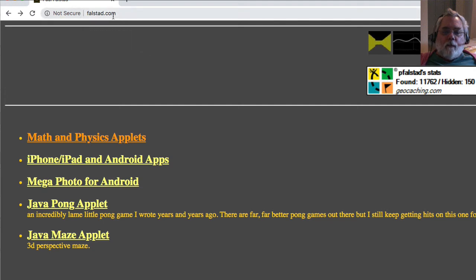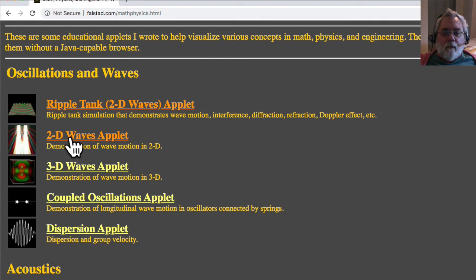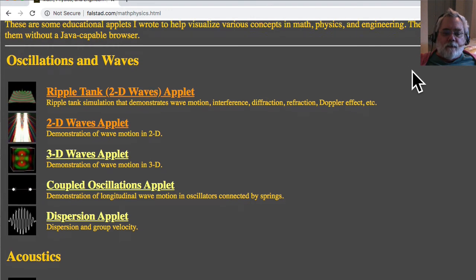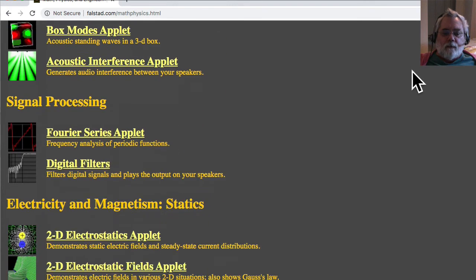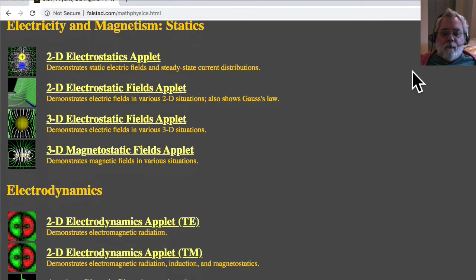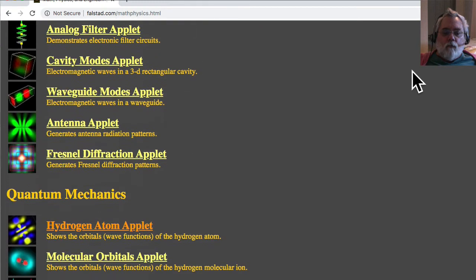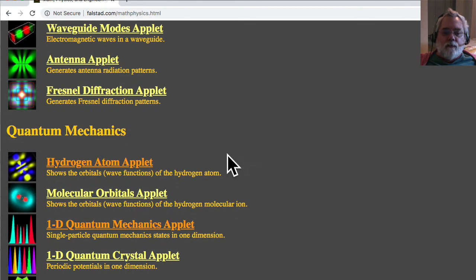Here we are at falstad.com. We're going to click on Math and Physics Applets. He has applets for a number of math and physics cases: oscillations and waves, acoustics, signal processing, electricity and magnetism, electrodynamics, quantum mechanics, hydrogen atom applet.